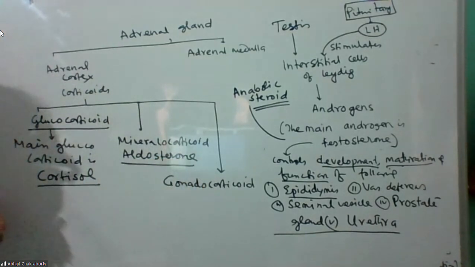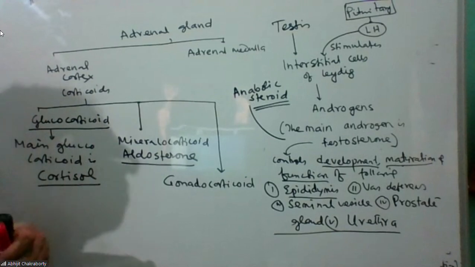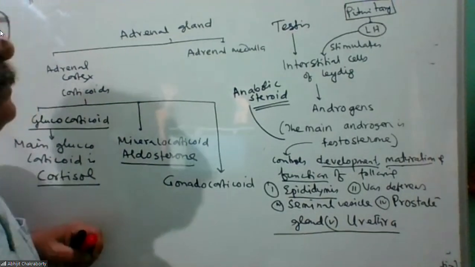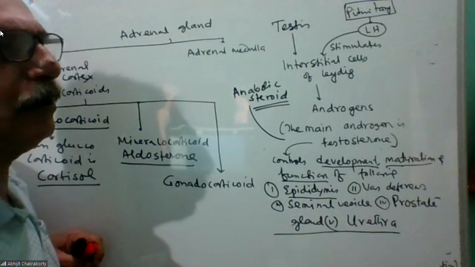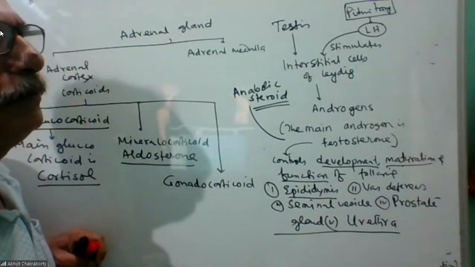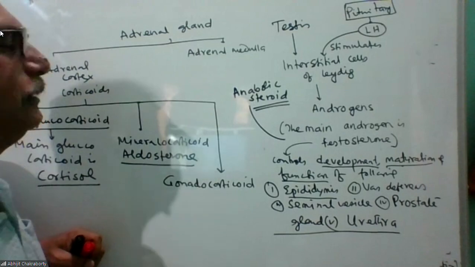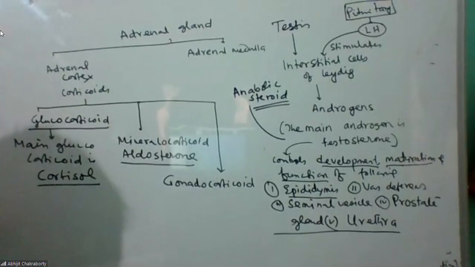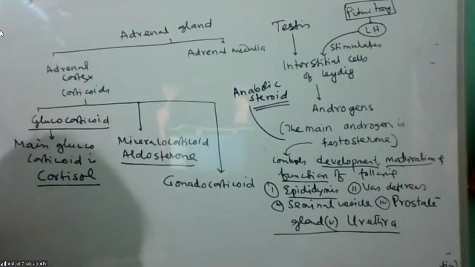So glucocorticoid acts on carbohydrate metabolism. It helps in gluconeogenesis, helps in proteolysis, helps in lipolysis: breakdown of protein, breakdown of fat, and also breakdown of carbohydrate. That is the main role in carbohydrate metabolism of the hormones secreted from the adrenal gland.